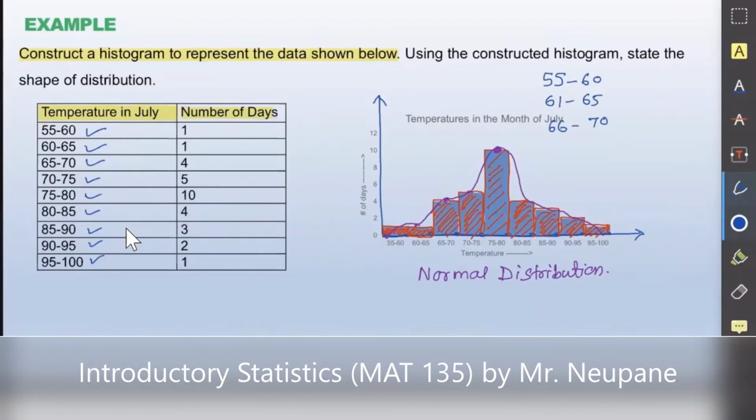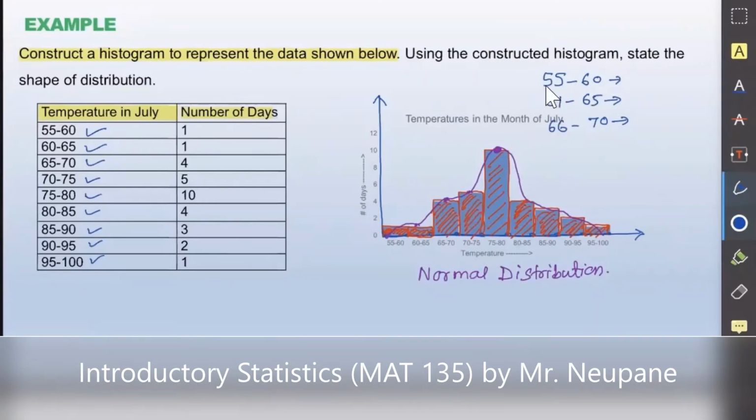Then what we do is, because the histogram is continuous data, in order to make the bars connect to one another, we change the boundary of these classes. The meaning of that is, here is a difference of 1, 60 to 61. When you divide that 1 into two parts, it will be 0.5.